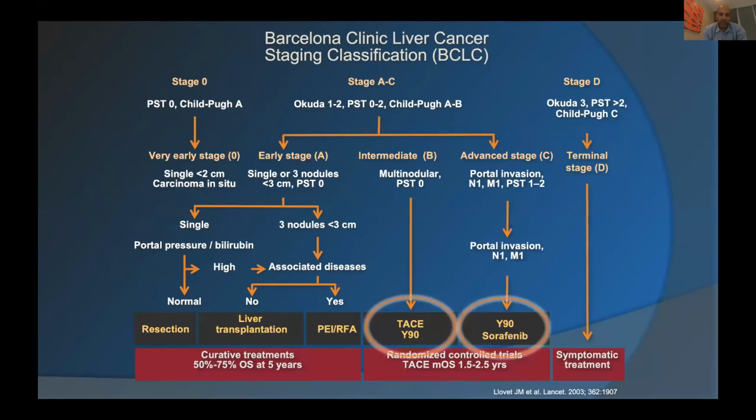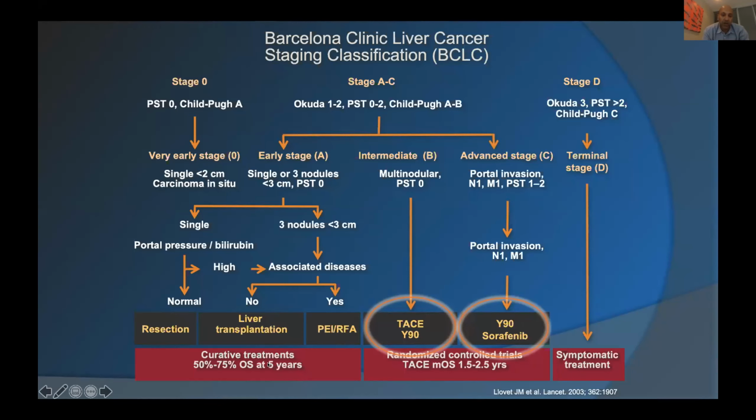When we look at this chart, and anyone who does an HCC lecture is obliged to show this BCLC staging algorithm, please note I've modified it here. When we typically think about Y90, again, my disclaimer is that I added that in, we often think about it in the intermediate or the advanced stage setting, patients with vascular invasion, multifocal tumors.